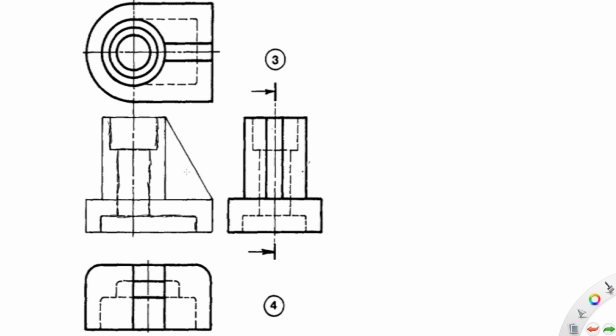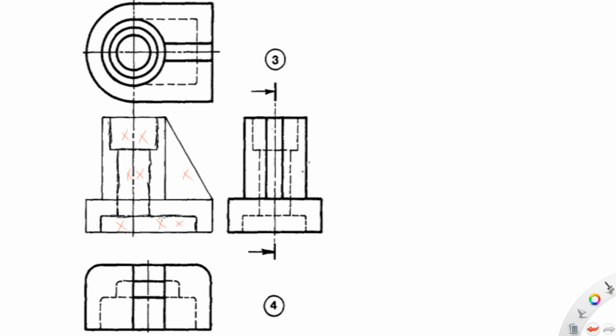Then we also have this area here. These are voids. They are holes through the object. We will not hatch them. This area here is a void. We will not hatch this area.